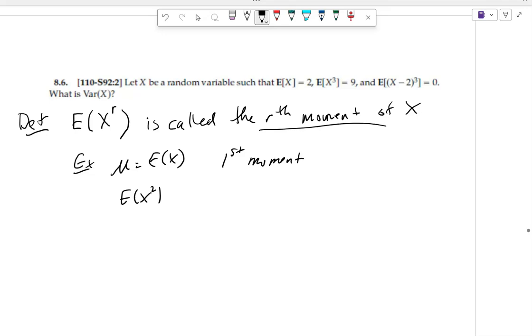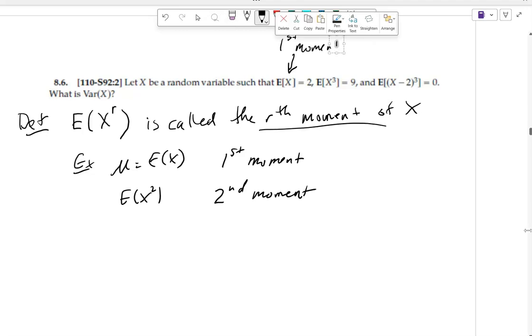Expected value of x squared is the second moment. And so on down the line. So what they've given you here, they've given you the first moment. And they've given you the third moment.